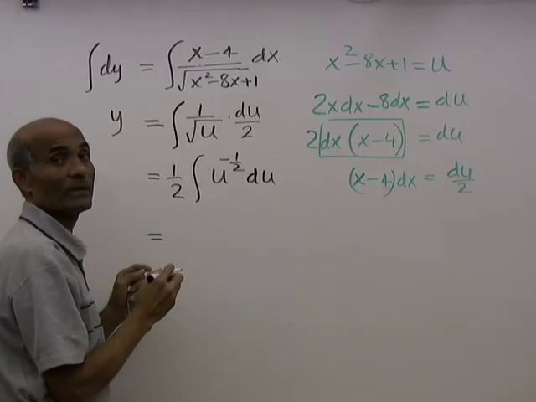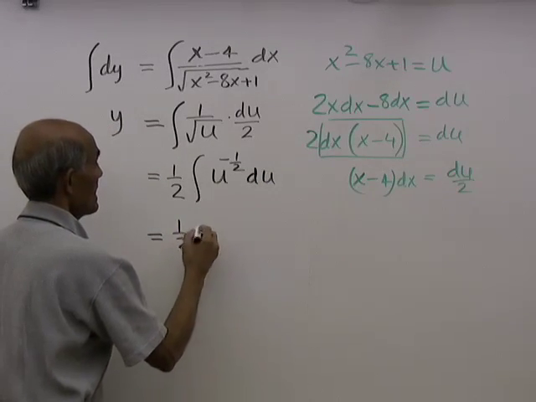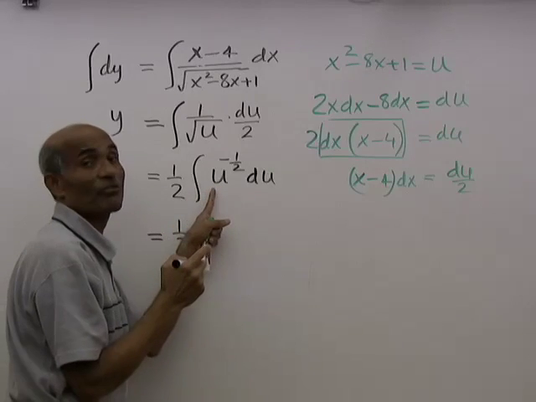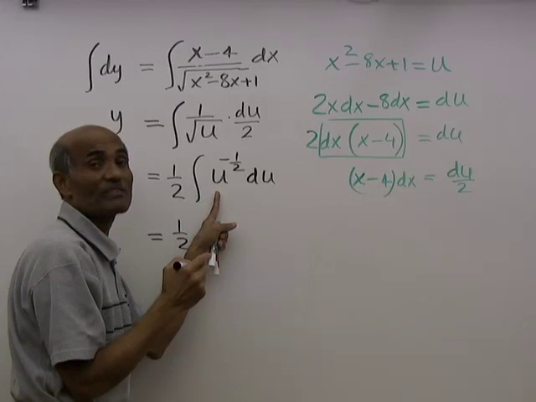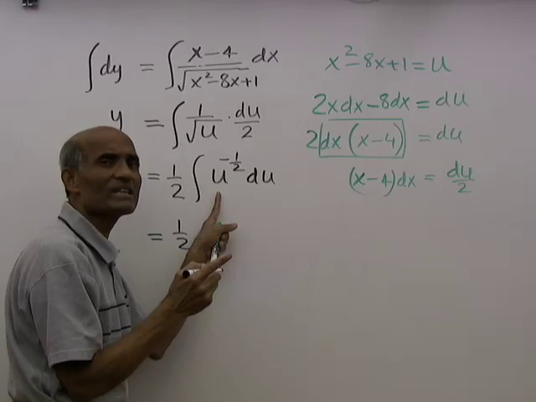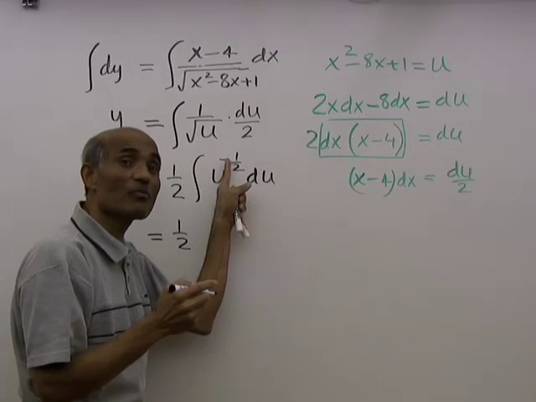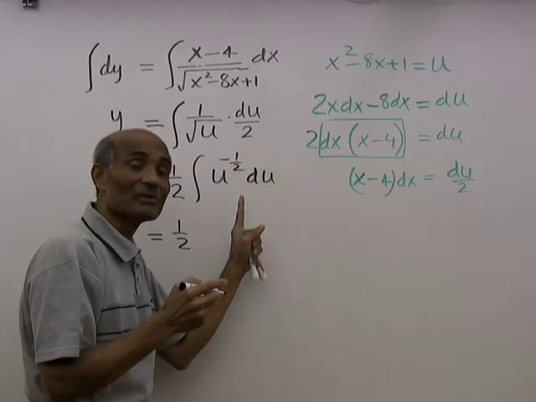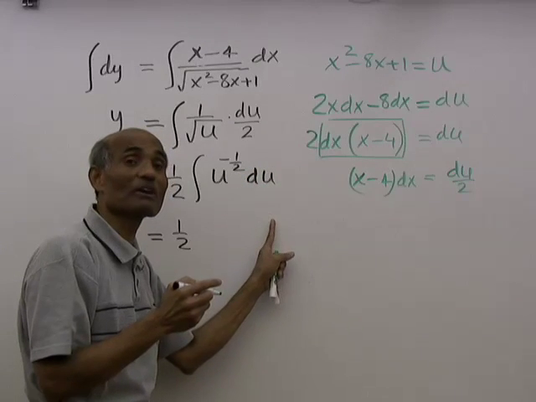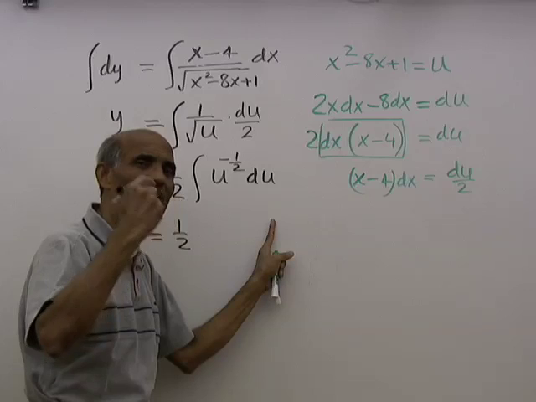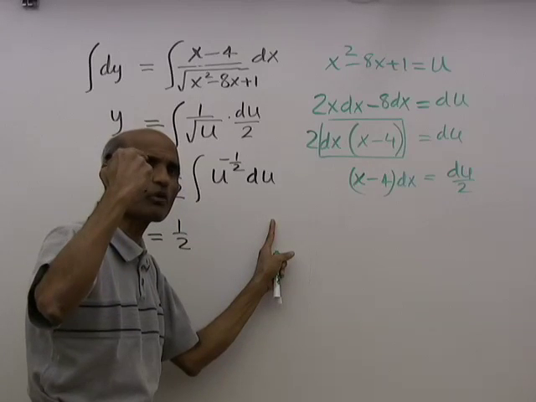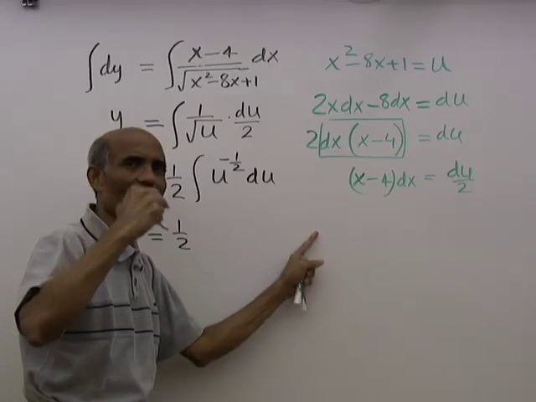And that will be 1/2 times, can you integrate that for me? U to the power of negative 1/2 du integrated will be u to the power of negative 1/2 plus 1 divided by negative 1/2 plus 1. I want you to keep that in your mind and work it out in your mind. I'm not writing that there.